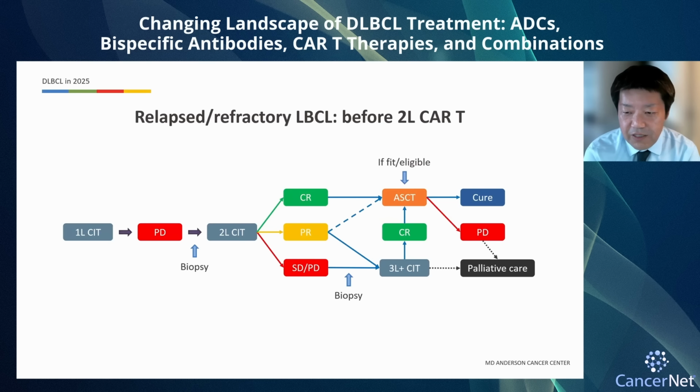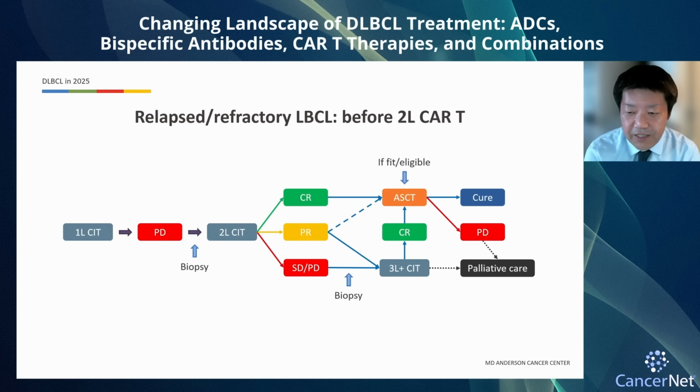This slide summarizes the treatment approach we used about 5 to 10 years ago, before the introduction of many of the new agents available today that I'm going to discuss. At that time, patients received first-line anthracycline-based chemotherapy. If the disease recurred, the standard was second-line chemotherapy with a platinum agent.